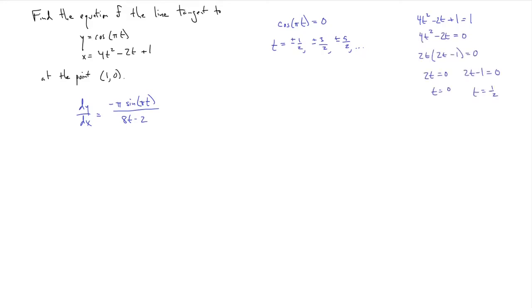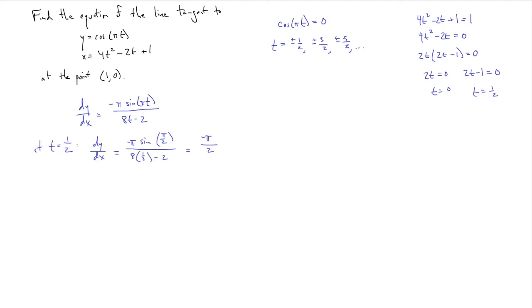On the other hand, solving the equation 4t squared minus 2t plus 1 equals 1, we find that there are only two values of t that make that equation true, t equals 0 and t equals a half. And observe that when t equals 0, cosine of pi t is cosine of 0, which is 1, and in particular not 0. t equals 1/2 is the only value that satisfies both equations at the same time.